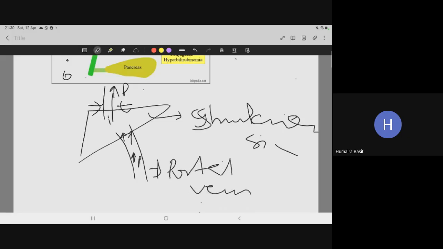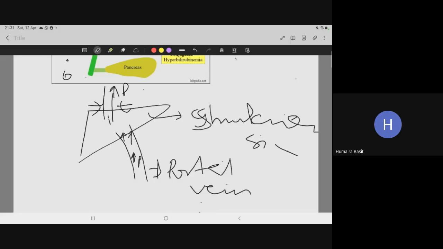You know that your portal venous system carries blood from your GI tract to the liver to first detoxify any toxins, any substance that you ate that is harmful to your body, or any drug that you ate. It is metabolized by the liver.